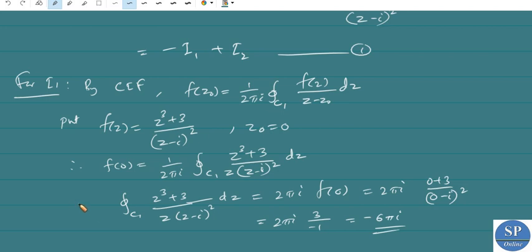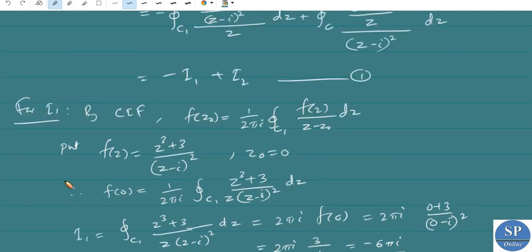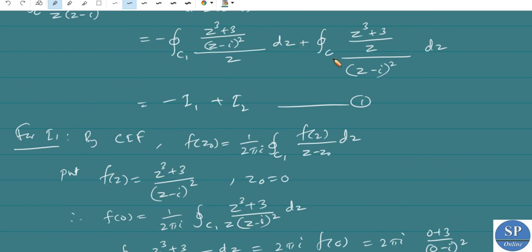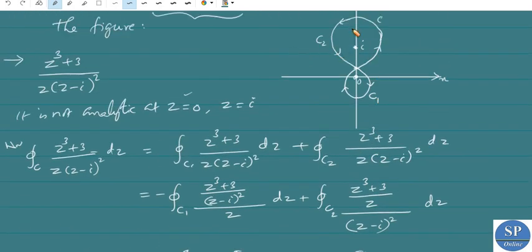So this is I1, right? Now I2. For I2, we know I2 is this integral over C2 of (z cube plus 3) divided by (z minus i) whole square. Over C2 we know that i lies inside C2 and 0 lies outside C2, so we have taken it like this.